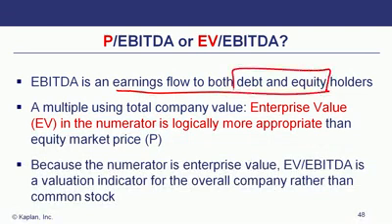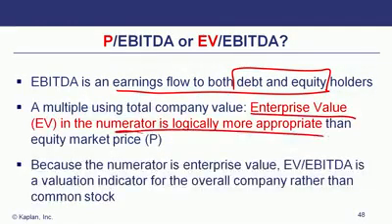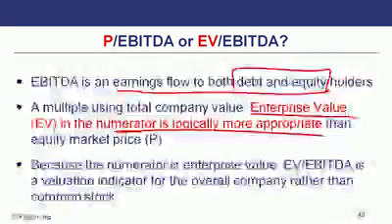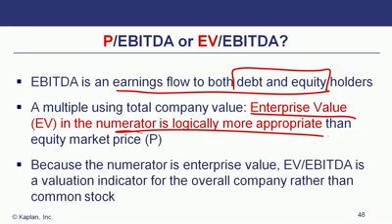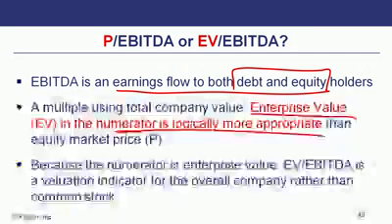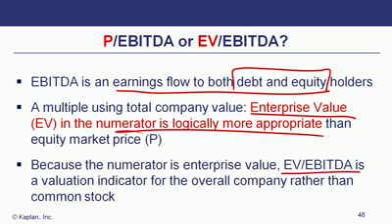Debt and equity holders because it's pre-interest, right? A multiple using total company value, enterprise value, in the numerator is logically more appropriate than market price, given the market price of the stock is essentially the equity, and that cash before interest is not available to them. So because the numerator is enterprise value, EBITDA is a valuation indicator of the entire company, including both debt and equity.